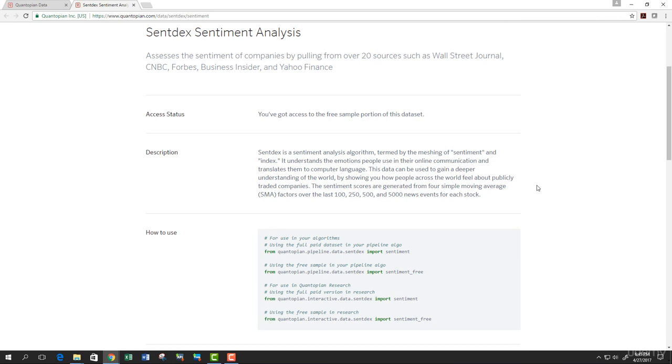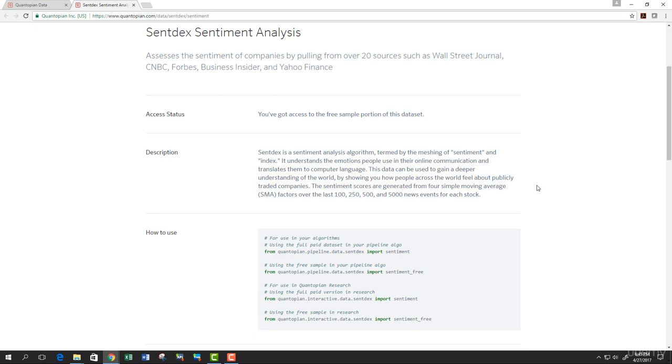A little bit of description here: Sentdex is a sentiment analysis algorithm. The name comes from the mashing of sentiment as well as index. It basically utilizes NLP in Python. It understands the emotions people use in their online communication and translates them into computer language.